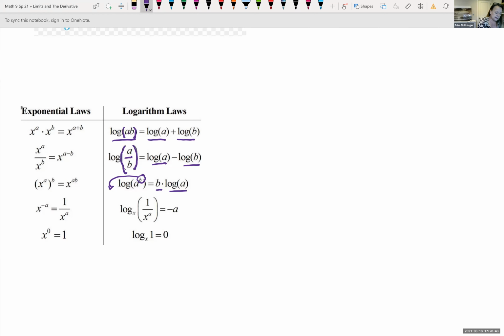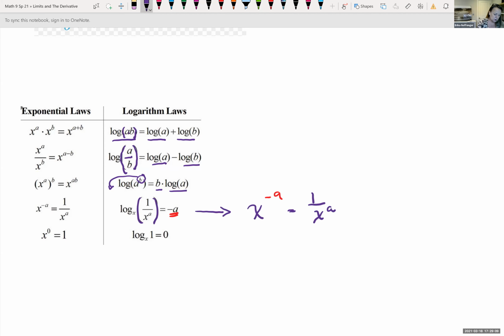These other ones, it's just kind of weird that they're in here, but I'm going to talk about them because I copied and pasted them. So this is saying x raised to what power? And it's telling me negative a, which makes sense. This is going to give me back what we're taking the log of, 1 over x to the a.